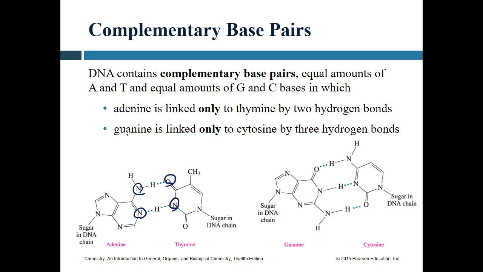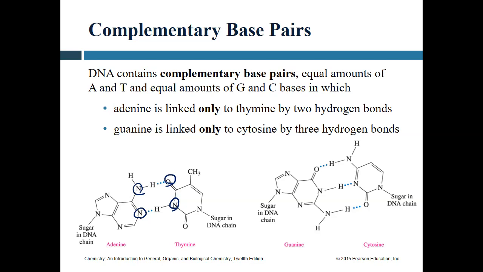Just as a recall, remember, hydrogen bonding can occur anytime we have polar bonding with oxygen, nitrogen, and hydrogen. So here I have an NH bond getting close to an oxygen.